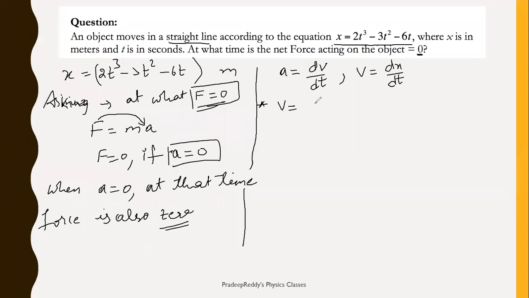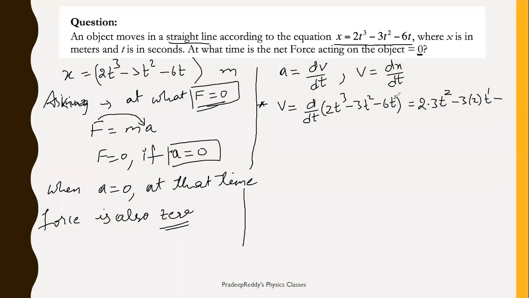v is equal to d by dt of x, which is given as 2t cube minus 3t square minus 6t. This is equal to 2 into, use d by dx of x power n is equal to n into x power n minus 1. 3 into t power 3 minus 1, it is 2. Minus 3 into 2 into t power 2 minus 1, it is 1.